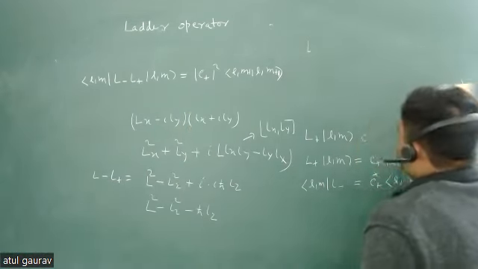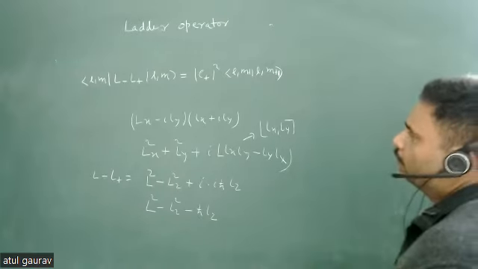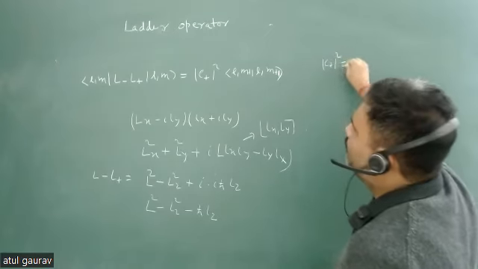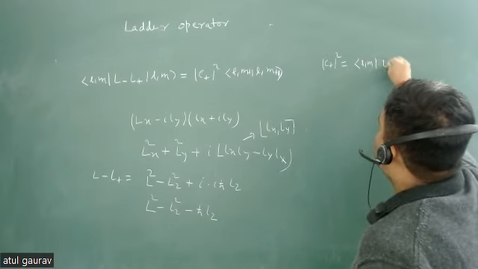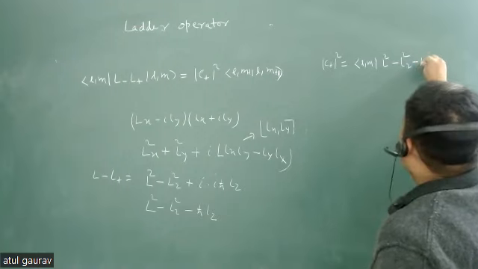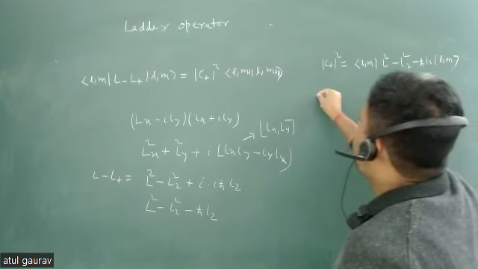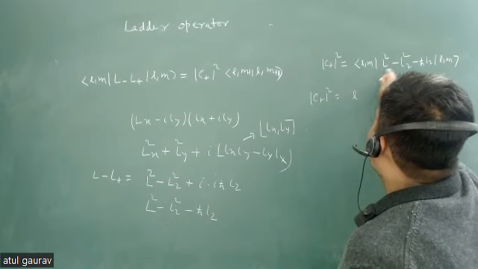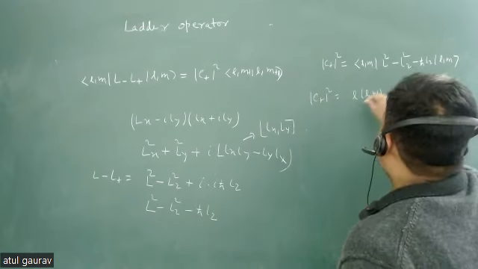So this value |C plus| square is equal to <L,M|, and here is L square minus Lz square minus h cut Lz, |L,M>. So |C plus| square is equal to: L square is operating on this, giving L into L plus 1.